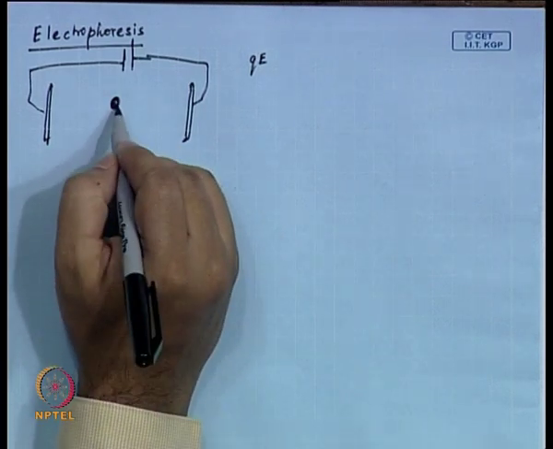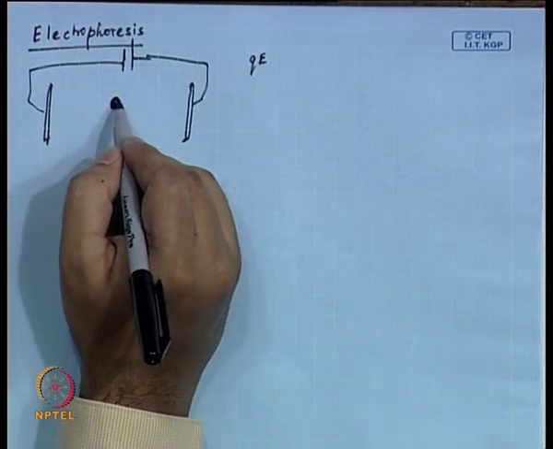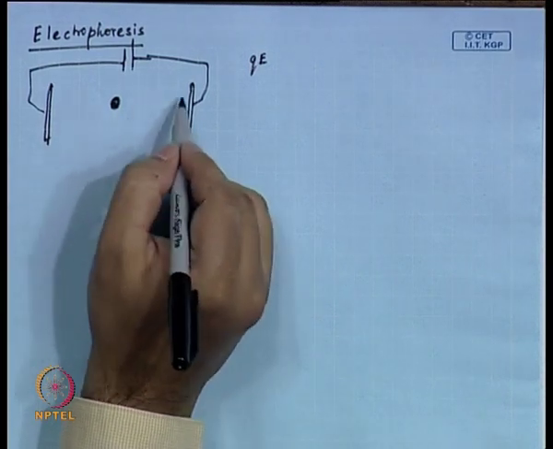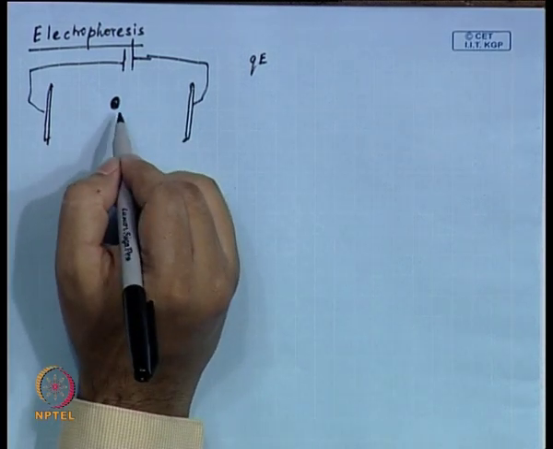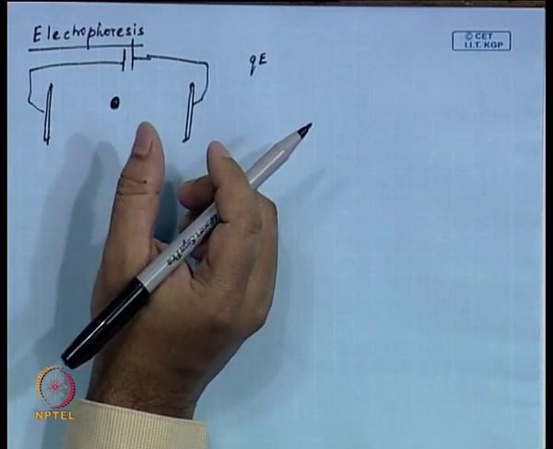On the other hand, if this particle has to move because of this force, there would be drag imposed on the particle, because it is in the liquid. So, there will be a drag force, and a balance between these two forces.